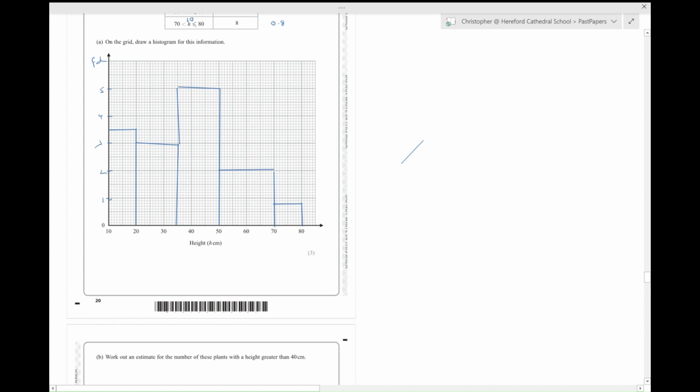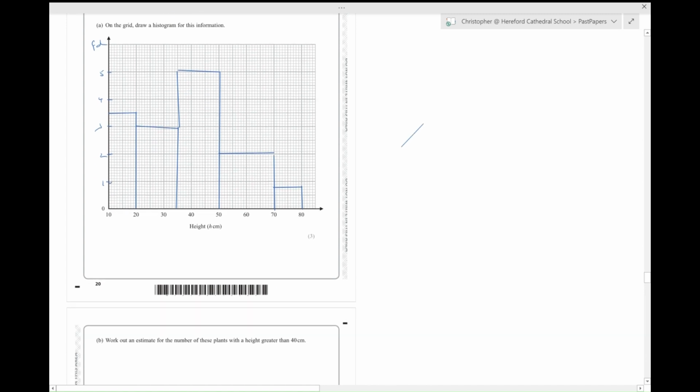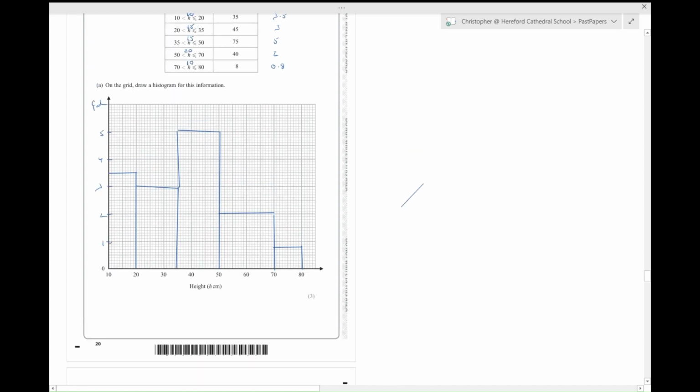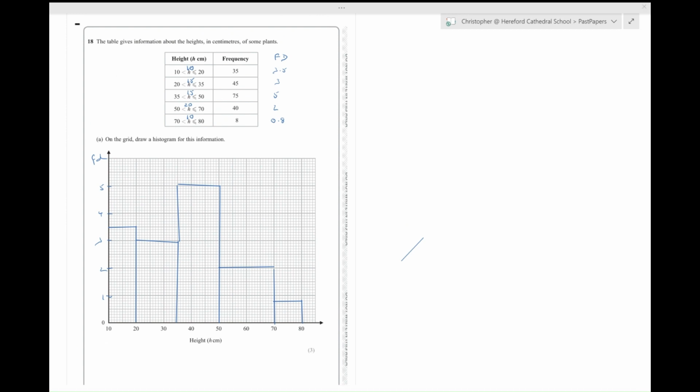Now, part B, work out an estimate for the number of these plants with a height greater than 40 centimetres. Right, so I need to know how many plants appear in my histogram with a height greater than 40. Well, I know that there are 8 here, and I know there are 40 here, and I know there are 75 in this block as a whole.